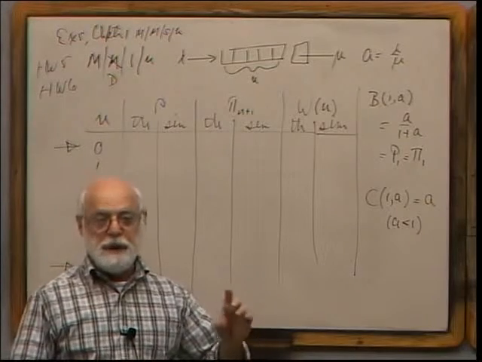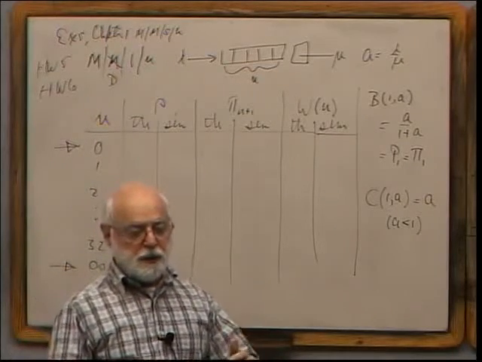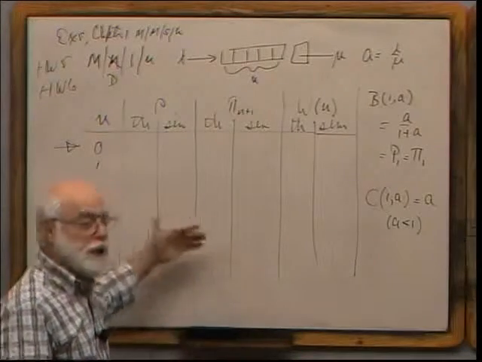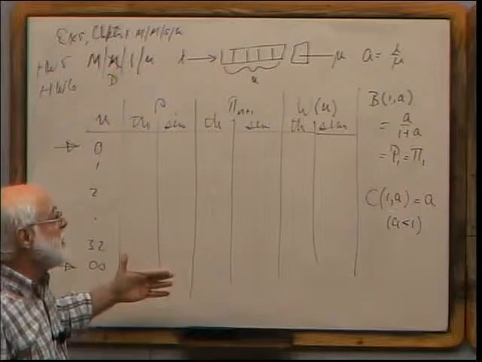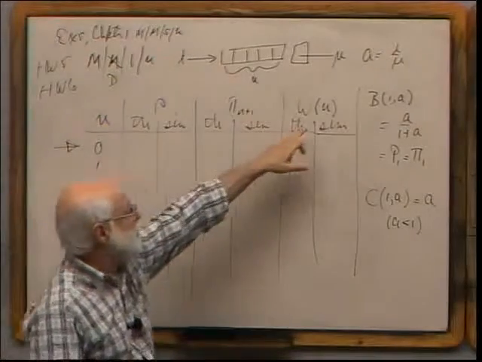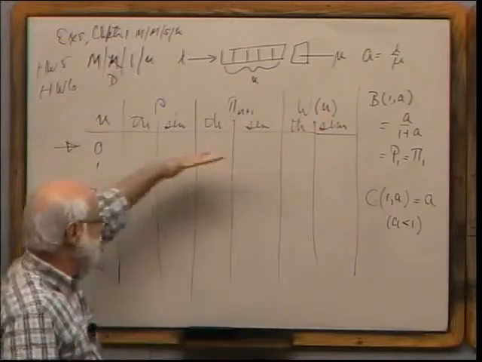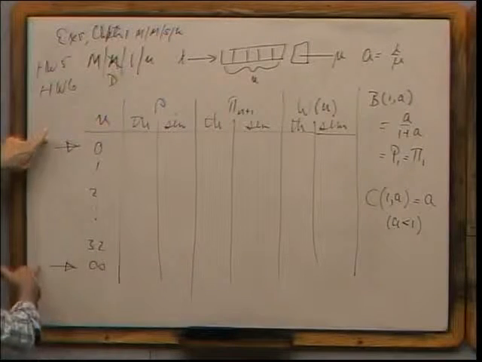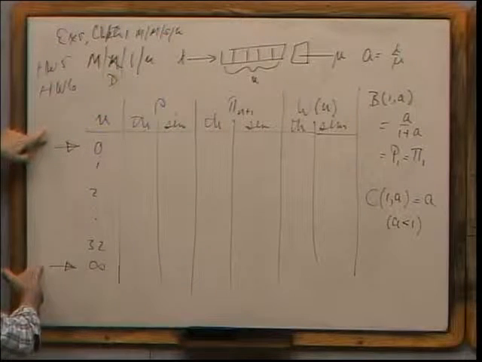Remember in homework 3 you looked at the case in which the offered load was greater than the number of servers. This is somewhat similar, though not exactly the same, because previously I didn't ask for this value right here. In any event, this case and this case can be calculated differently, separately.